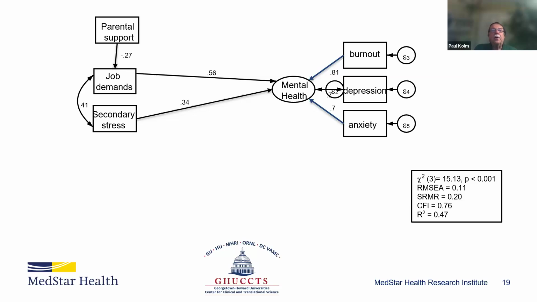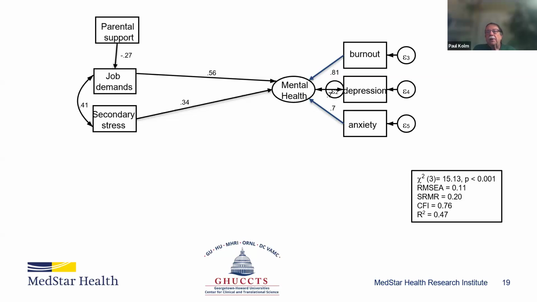And so you can see that our regression coefficients here, 0.56 and 0.34, indicate that there is a pretty good relationship between job demands, secondary stress, and their influence on the latent variable mental health. However, again, our fit statistics show that we don't have a really great model.